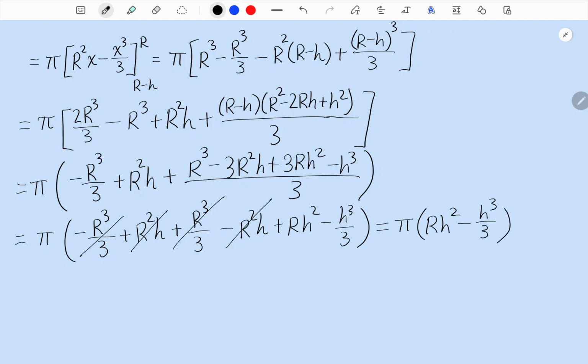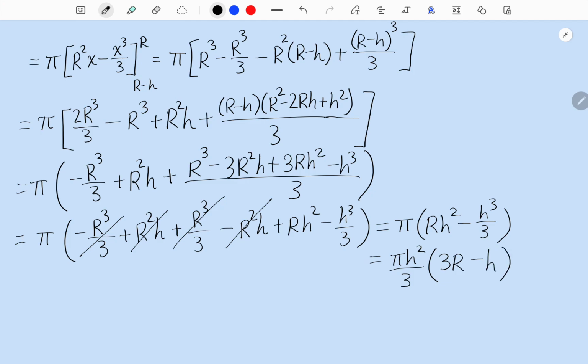And then if I factor out h squared, if I factor out h squared over 3, so pi h squared over 3, then this would be 3r minus h.